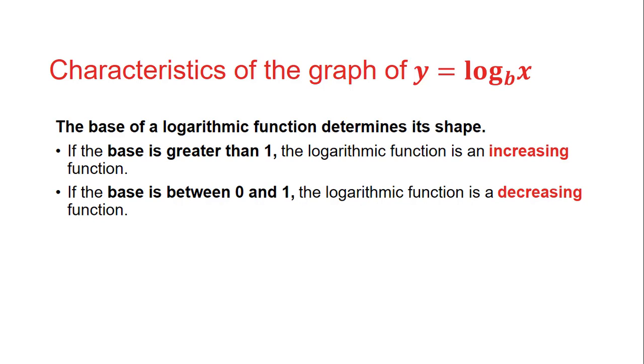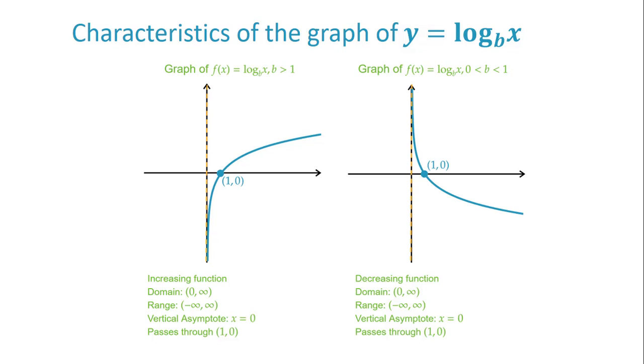So just like with exponential functions, the base of a log function determines its shape. If the base is greater than 1, the logarithmic function is an increasing function. If the base is between 0 and 1, the log function is a decreasing function. I have a slide that has the graphs of both of those types of log functions summarized.